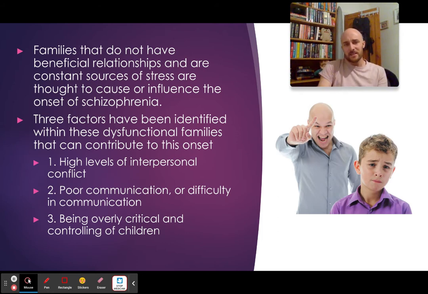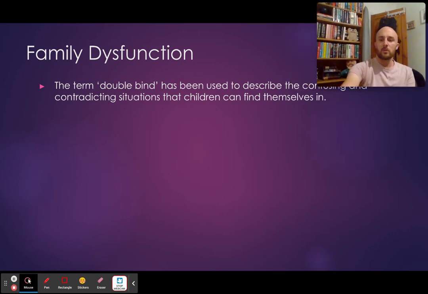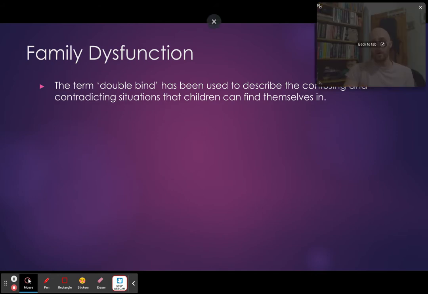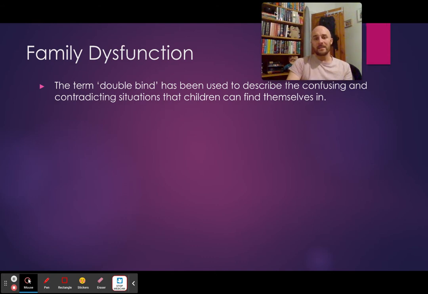There's a lot there to digest. Now, the other thing to note down here is what's called a double bind. Double bind is part of the family dysfunction explanation, and it's linked to this idea about putting kids into a confusing and contradictory situation.